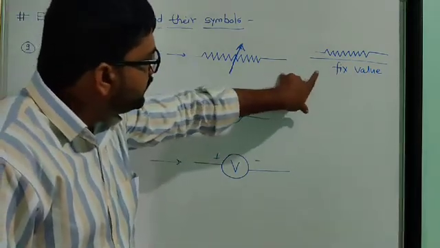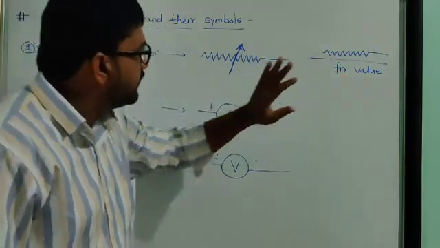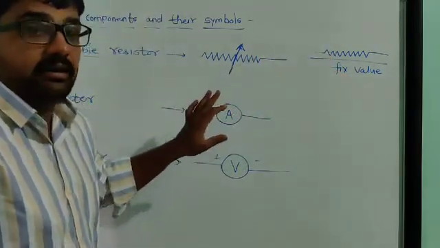The main difference between these two resistors is that this is a simple resistor and this is a variable resistor.